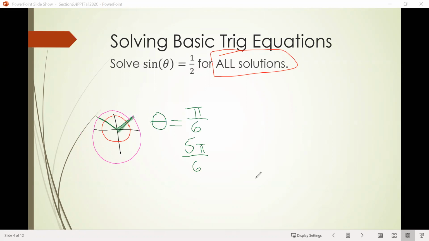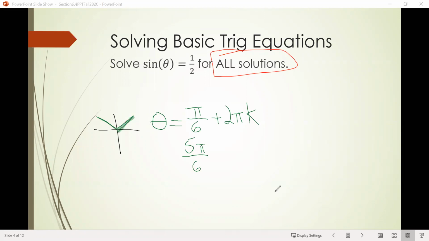And every time we do that, that's like adding 2 pi to pi over 6. And depending on the number of times we spun, that's the number of 2 pi's that we've added or subtracted if we're going backwards or forwards. So the way that we show that here is by doing pi over 6 plus 2 pi k.